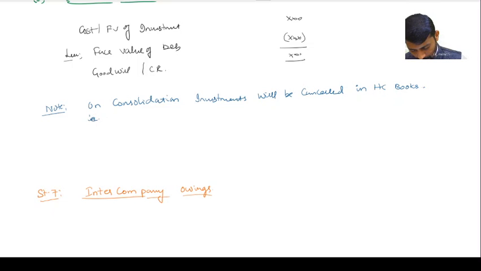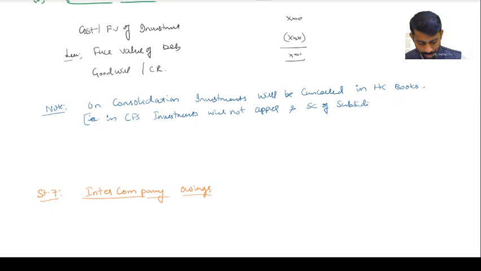In the CFS, investments will not appear, and share capital of the subsidiary will not appear, because it is shared between NCI and the holding company. So this NCI in step number 5, holding company in step number 6, we have shared.